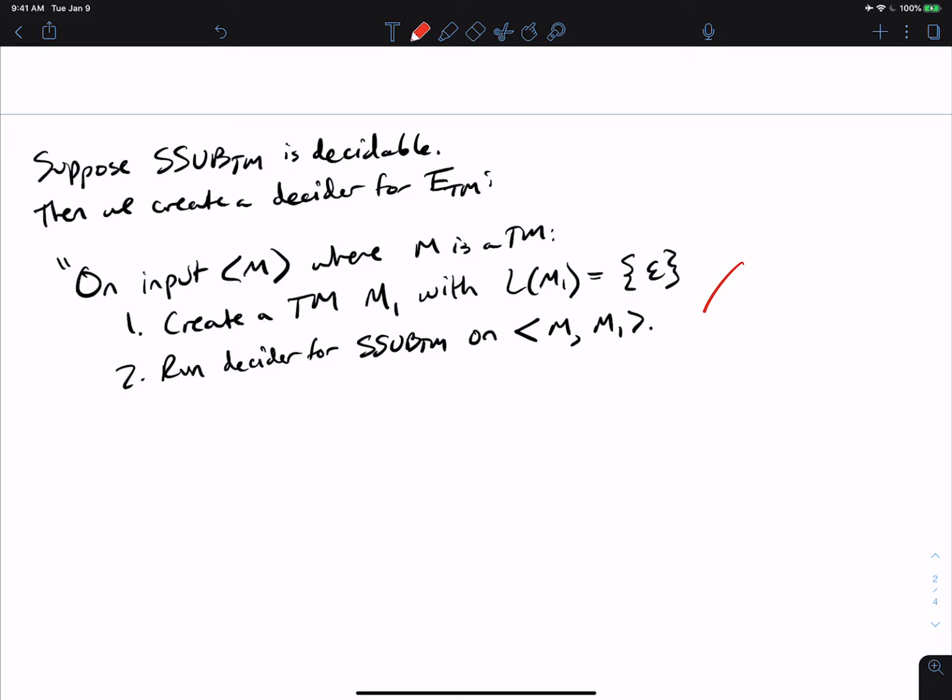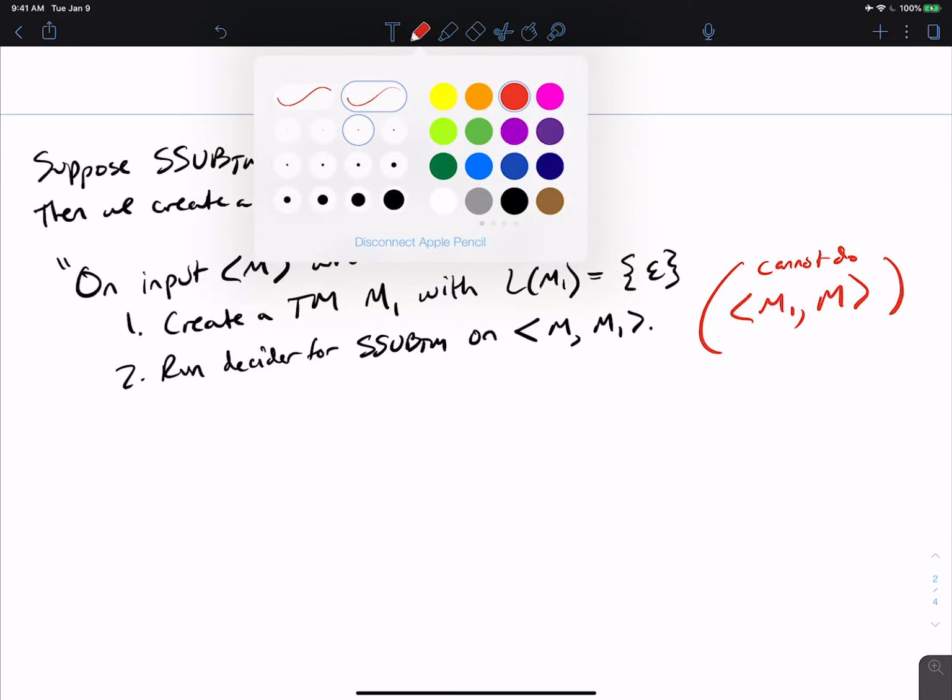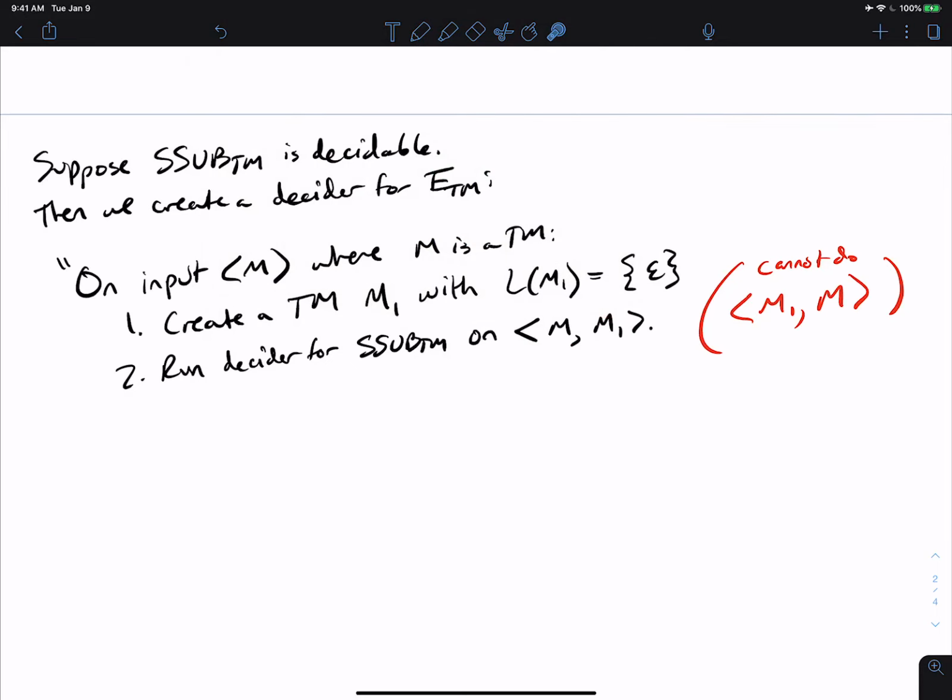But we can't use, for example, M1 first and then M. I mean, we could do it, but it won't give us the result that we want. Here, this is saying that M's language is a strict superset of M1's language, which means that it accepts at least 2 strings, but that's not what we want for testing whether M's language is empty. So the order in this case does matter.